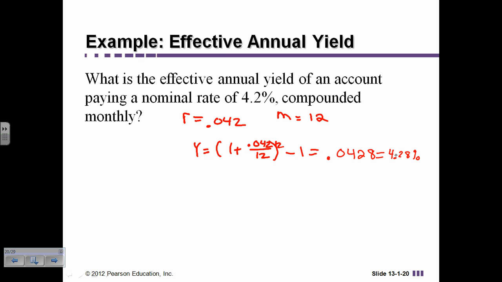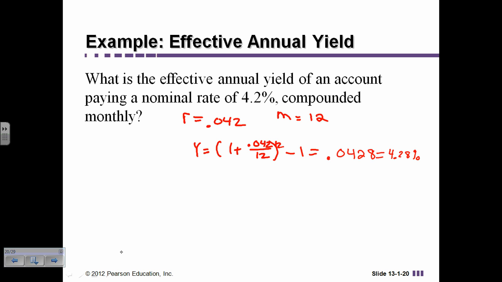So again, the amount that the bank is advertising, the nominal rate, is 4.2%. The 4.28% represents the rate that would produce the same final amount, or future value, at the end of 1 year if the interest were simple. By simple interest, that means it's not compounded.